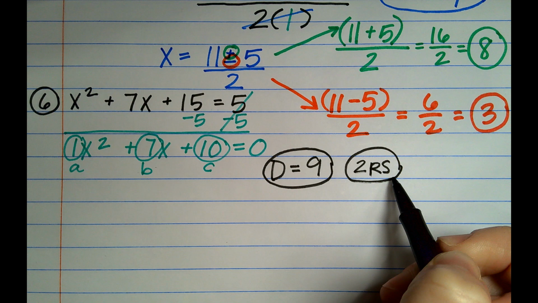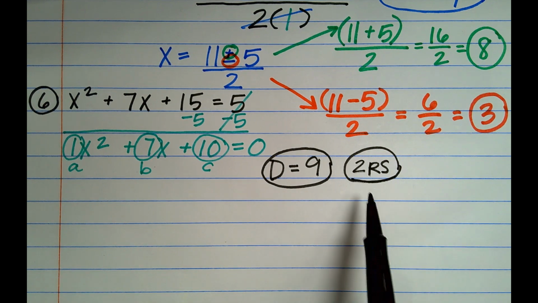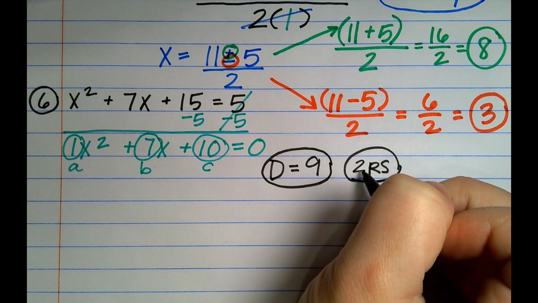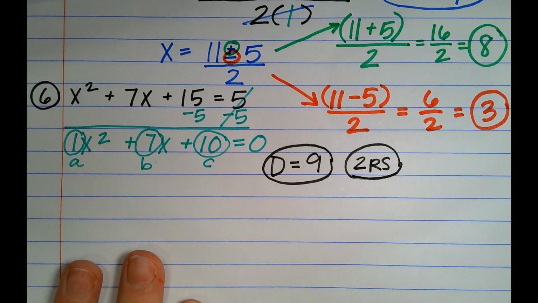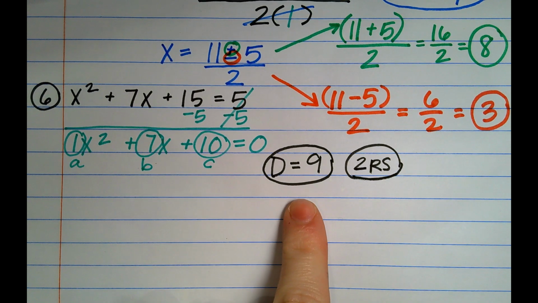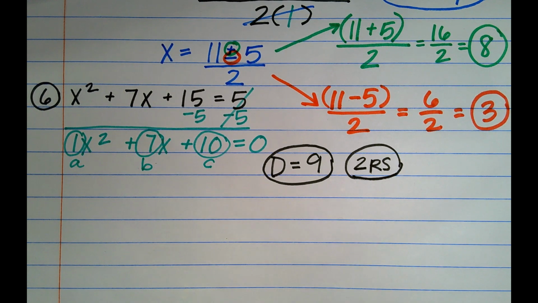So whenever we do our quadratic formula, we better get 2 answers. All right. So once we know the discriminant, we know there's 2 solutions.